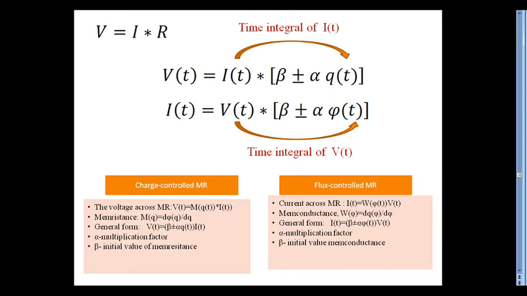So in case of charge control, the equation is Vt equals to M of q of t times It, and M equals beta plus minus alpha times Qt, with alpha the multiplication factor and beta the initial value of memristance. Similarly, for the other one, W of phi t. So W is your memconductance, not resistance. Then the general form is already there, and beta is the initial value of memconductance. So this is all about the equations for memristor. This one is charge control, this one is flux control.